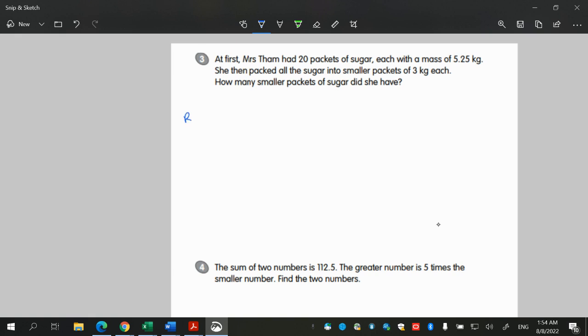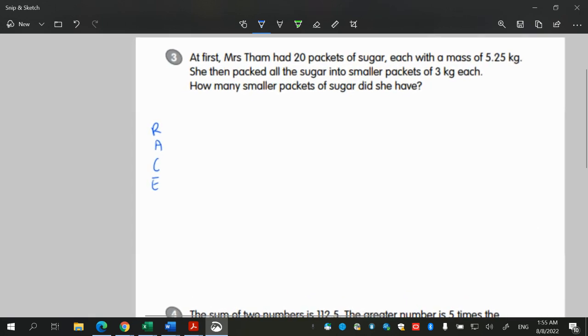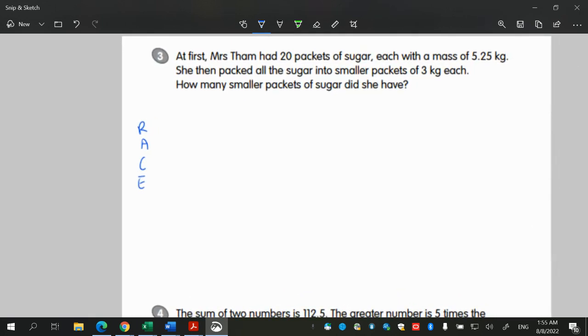Now, we are moving on to problems that have more sentences. And because there are more sentences, it's important that we spend some time to read, understand, and try our best to understand what's going on with the question first before getting to solve it.